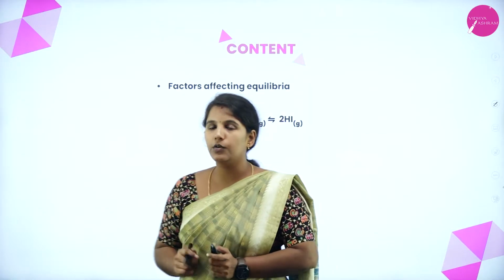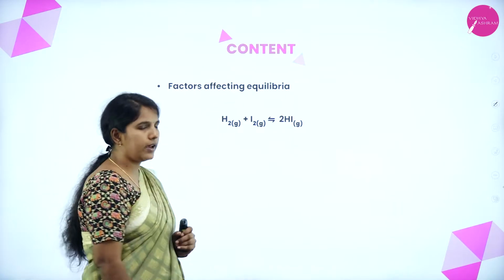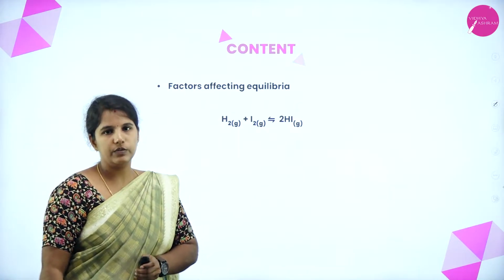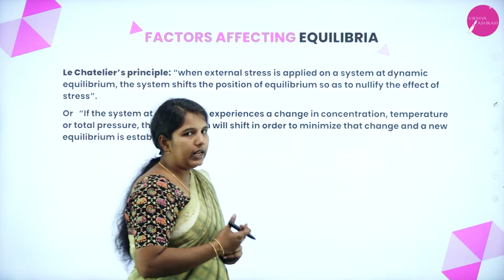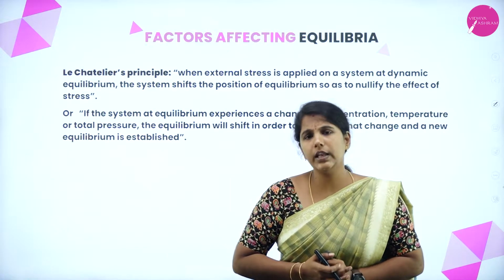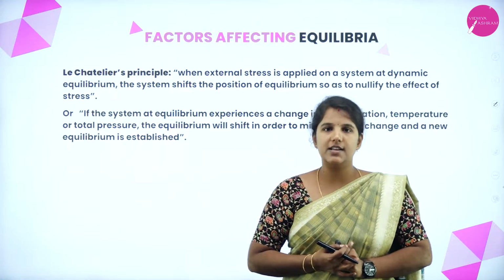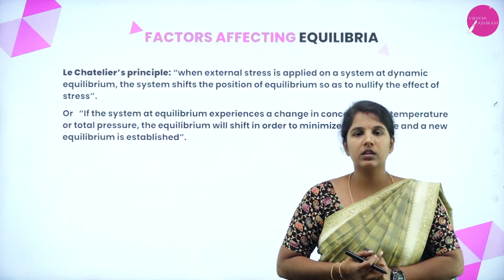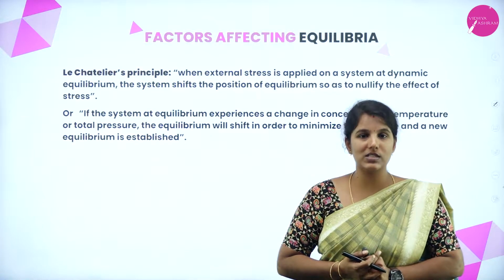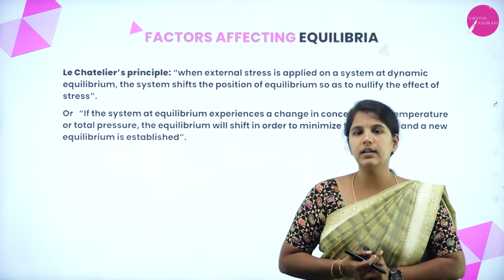Today, let us move on to understand what are the factors which are really going to affect the equilibrium. Okay. So, when we are dealing with the factors which are affecting the equilibria, we need to understand the law which has been given by Le Chatelier. So, first we will see what Le Chatelier's principle says, then how many factors there are that affect the equilibrium.